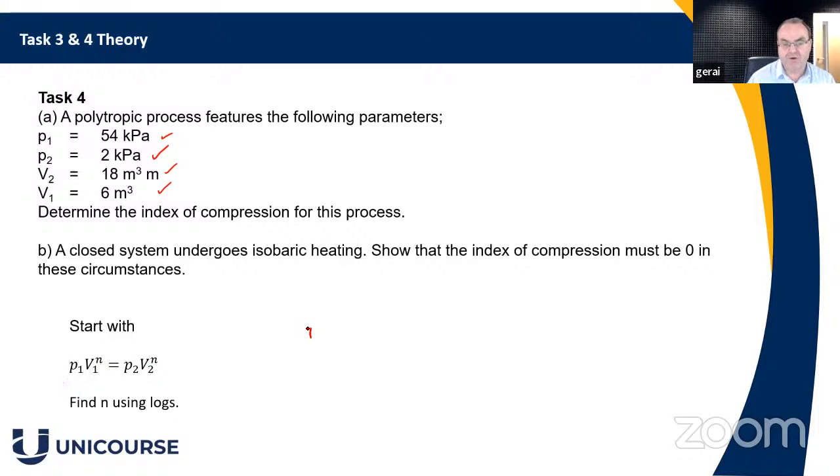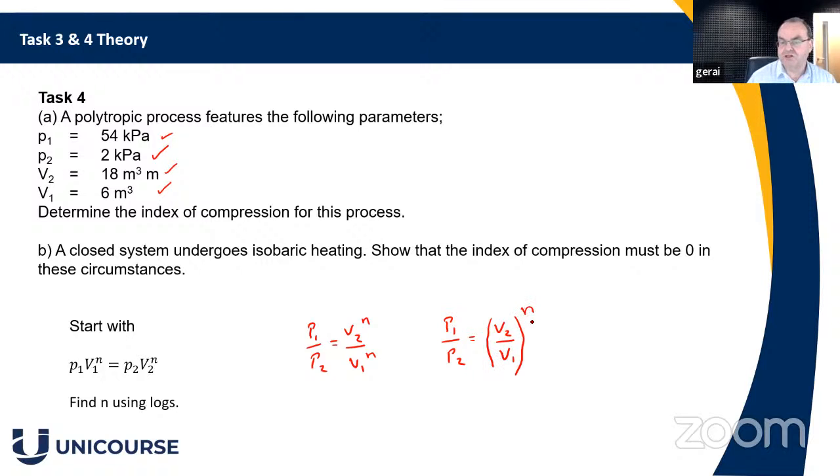So you have P1 over P2 is equal to V2 to the n over V1 to the n. Tidying that up a little bit, P1 over P2 is V2 over V1, all to the power n, because they're both to the power n.